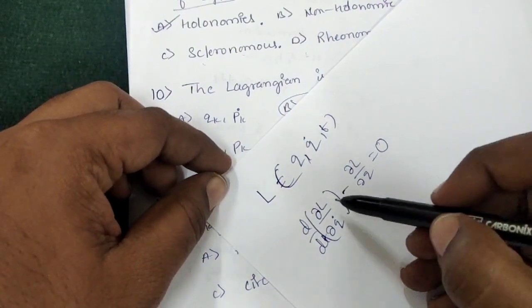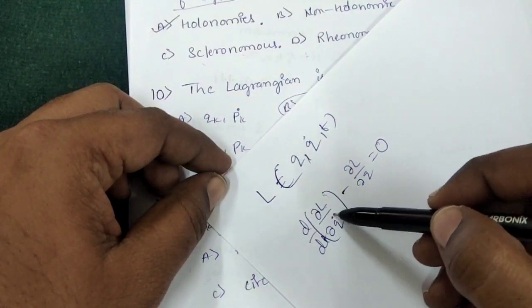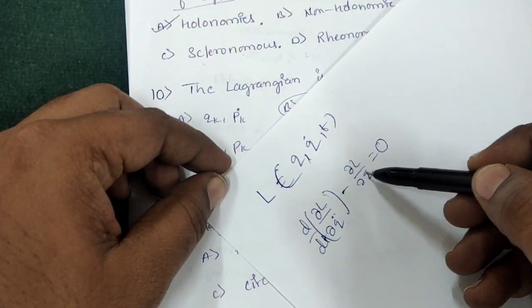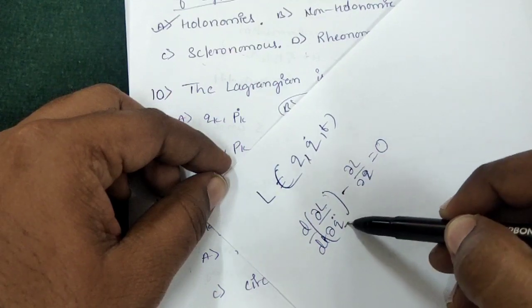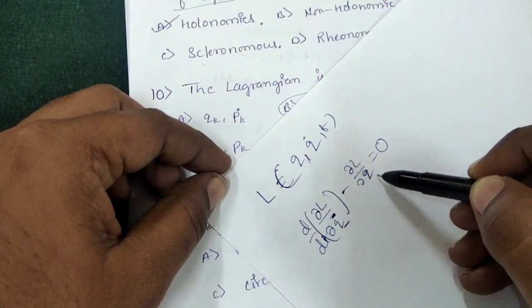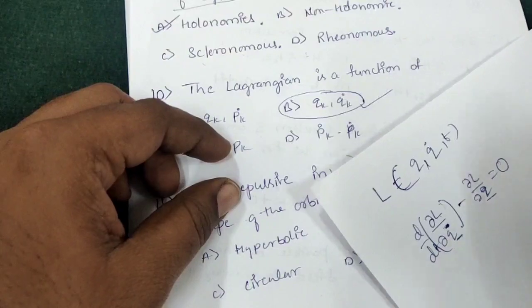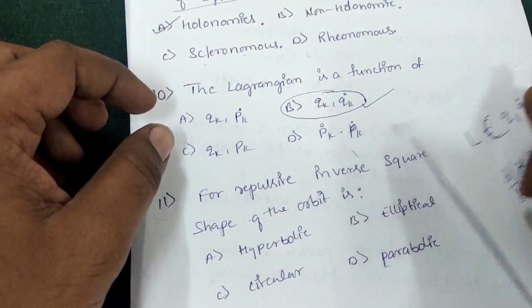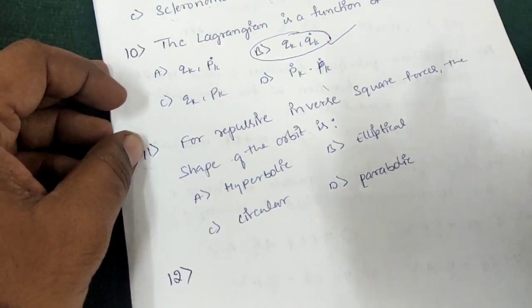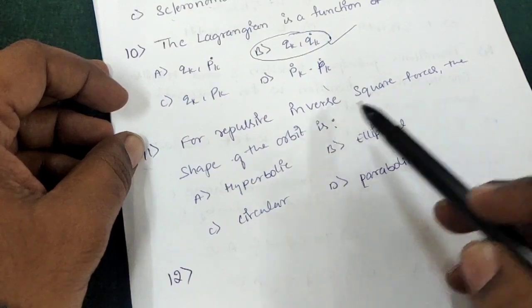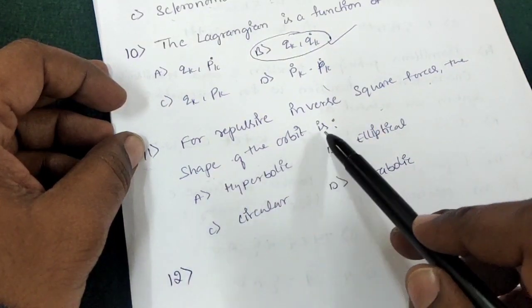Therefore the Lagrangian depends on qk dot and q. So the answer is B.